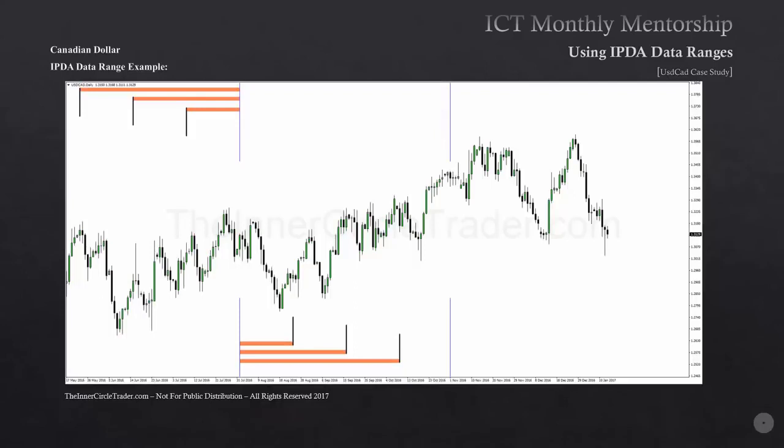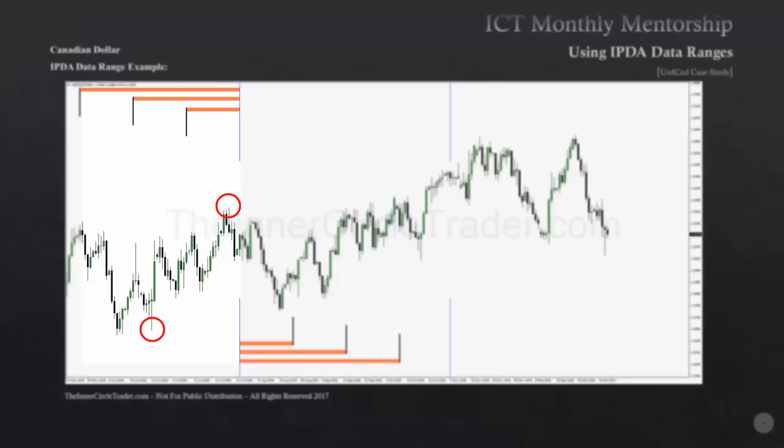For example, let's assume for a moment it's August 1st, and we can look back and see where the highest high was over the last 60 days, over the last 40 days, and over the last 20 days prior to August 1st. We can identify also the lowest low and the highest high in the first 20 trading days to the right of August 1st.